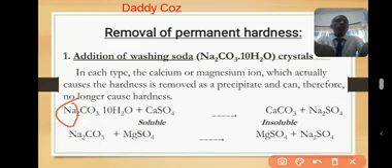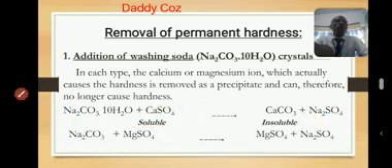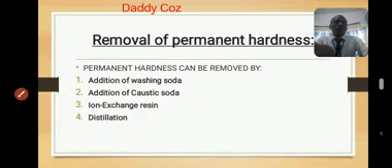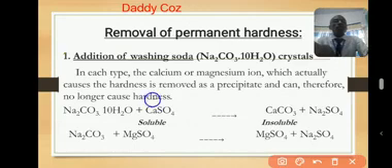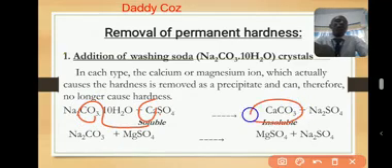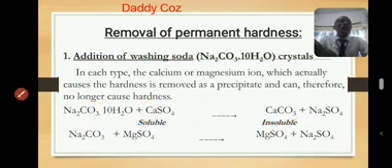This sodium will pick up the sulfate, so you form sodium sulfate, whereas the calcium will pick up the carbonate, so you have calcium carbonate. Remember that calcium carbonate is an insoluble compound. So that is how we remove hardness by addition of washing soda.